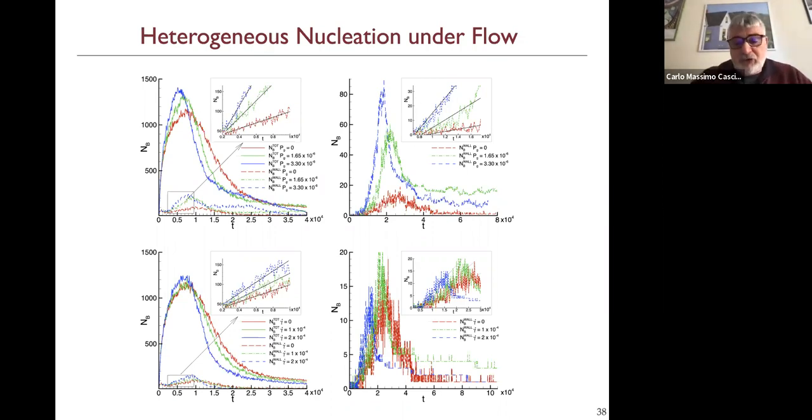The preliminary conclusion of this set of simulations is that indeed the shear has an effect on the nucleation rate, and it tends to increase the nucleation rate. However, we consider this result still very preliminary, because we see a different behavior between the Poiseuille flow and the Couette flow that we do not completely understand at the moment, and for sure needs a little bit more investigation.